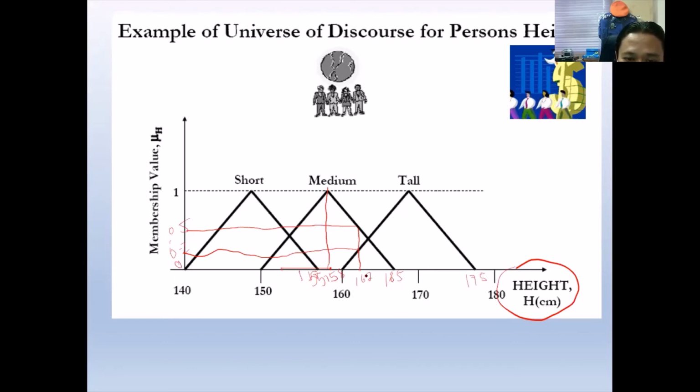In my example, you can set it as tall with a membership of maybe 0.2, or medium with maybe 0.5. So we can choose whether to select medium or tall. We have to decide afterwards whether to select 0.5 for medium or 0.2 for tall.